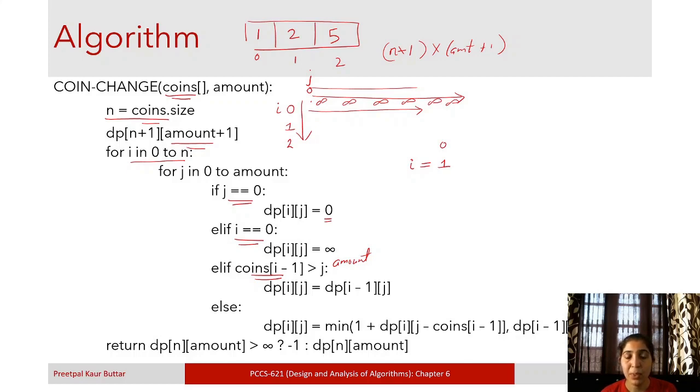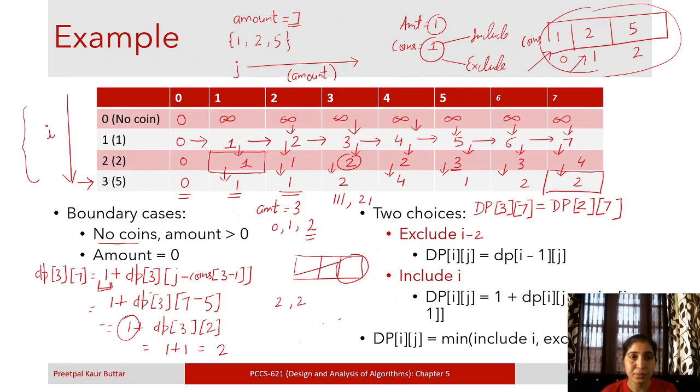If the amount you are trying to make is smaller than the coin's value, can you make that amount with this coin? No, you cannot. In that case you simply copy the solution from the upper cell. So dp[i][j] is equal to dp[i-1][j], just as we did here.